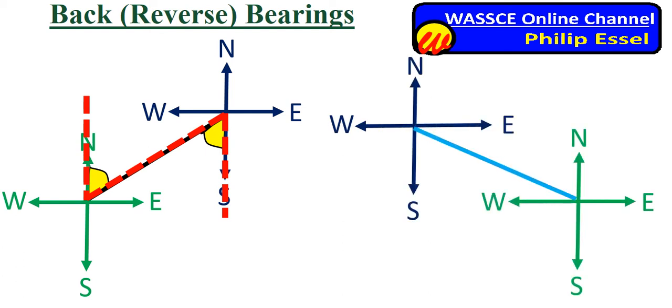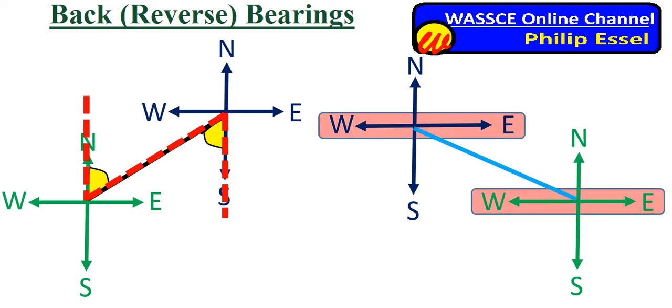We have another two cardinal points. It is also very important for us to note that whilst the north-south planes of two cardinal points are parallel, the east-west planes of two cardinal points are also parallel. So in this case too, the blue line that joins the origins of the two cardinal points can be described as a transversal, which means that a Z shape can be found in this diagram as well.